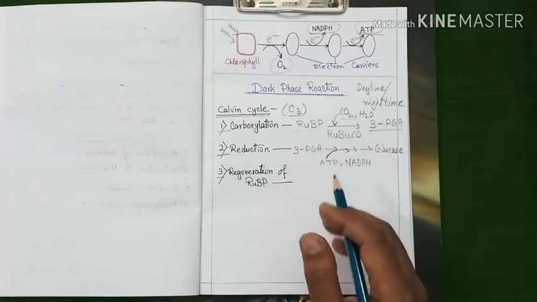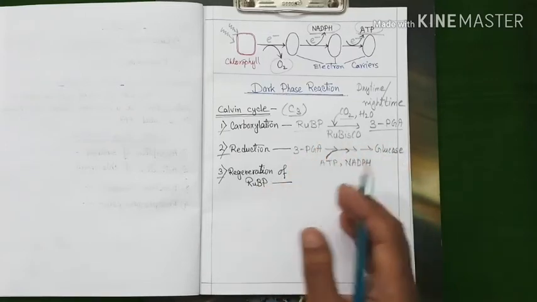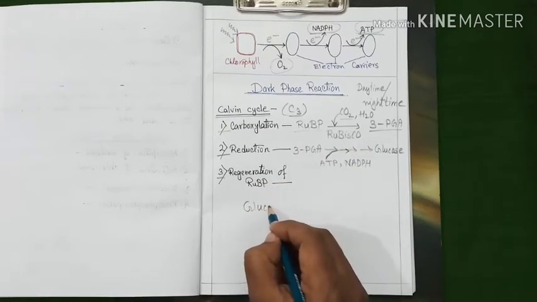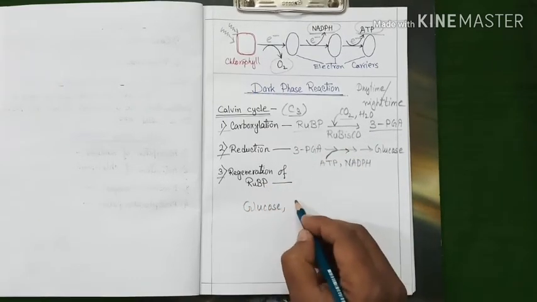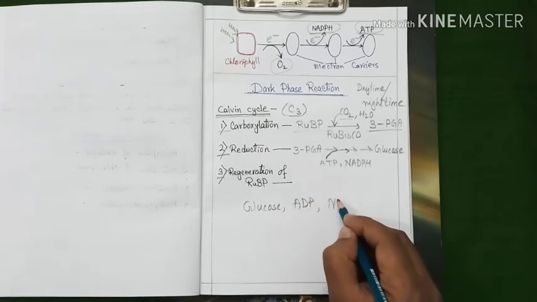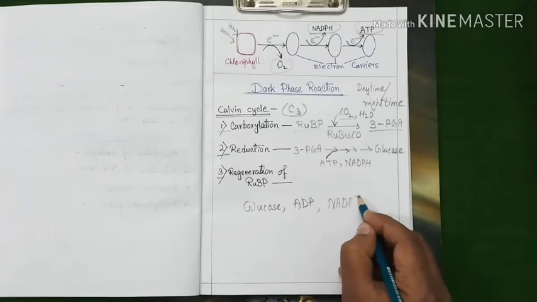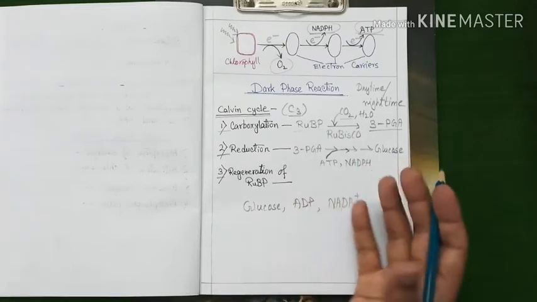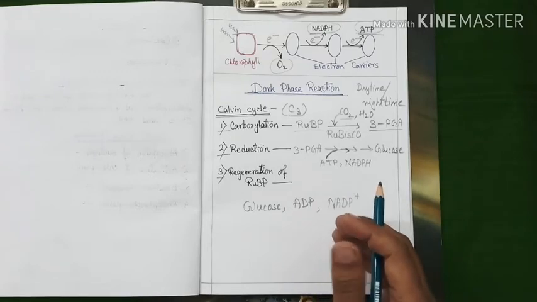So at the end of Calvin cycle, plants are able to produce glucose, ADP and NADP+. So these are the end products of dark phase reaction of the plants.